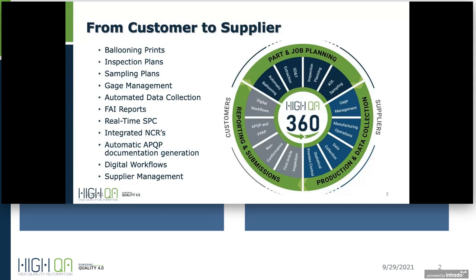On the production side, you can manage all the gauges in your facility or synchronize them to your existing gauge management software, collect all of the inspection data, both for in-process checks and final inspection, and even provide real-time SPC data, including notifications for out-of-tolerance situations.